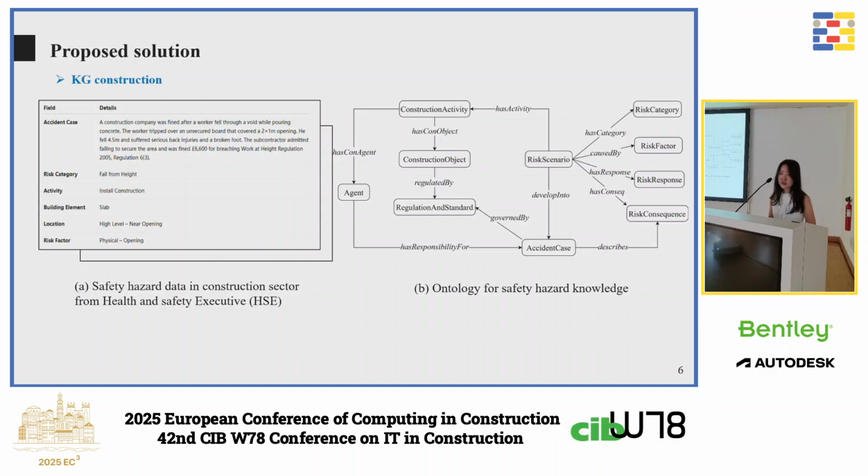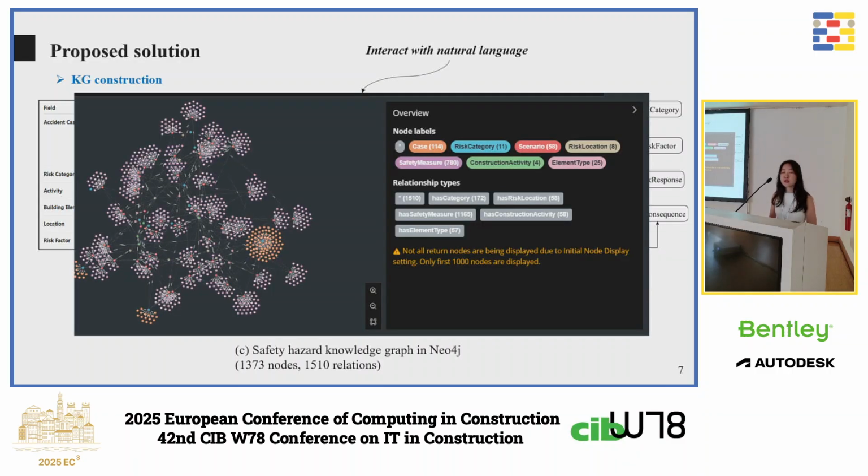Across this text, we model the concepts and relations in the safety hazard ontology, where we define concepts such as risk scenario, risk category, risk factor, responses, and the case, which is the consequences, and the regulations, standards, etc. The integrated data is then imported into a graph database, Neo4j, which results in 1,030 nodes and 1,500 relations.